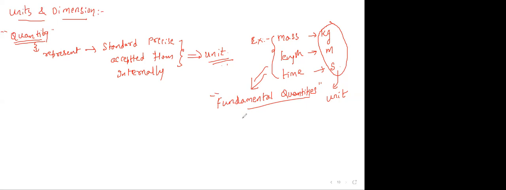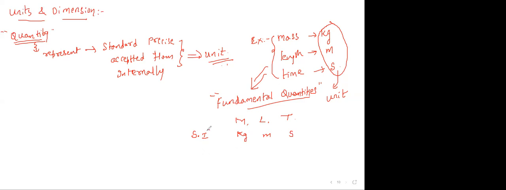Which are the three fundamental quantities? Mass, length, and time. In the SI system, we denote mass with kg, length with meter, time with second.